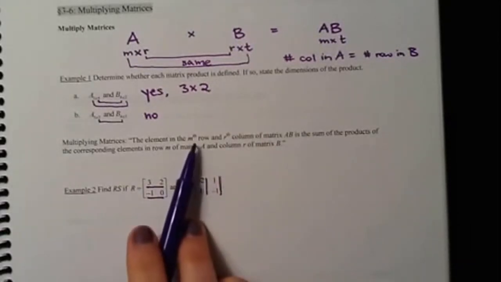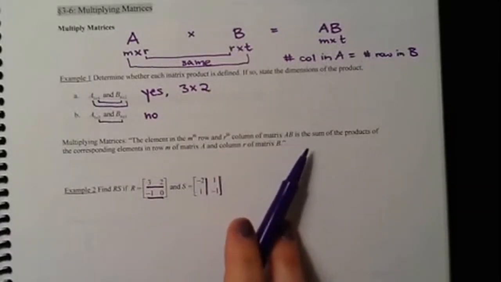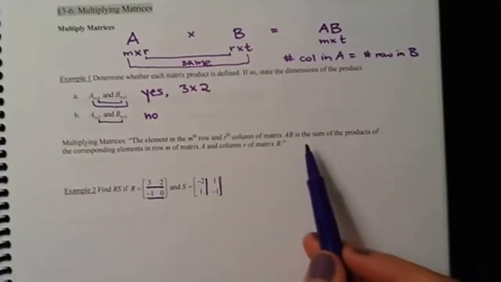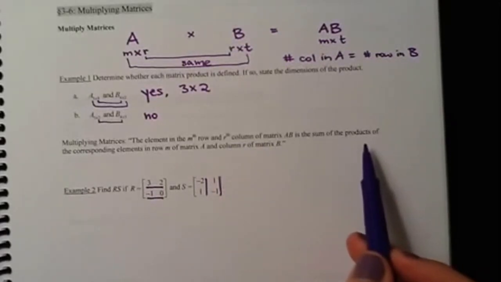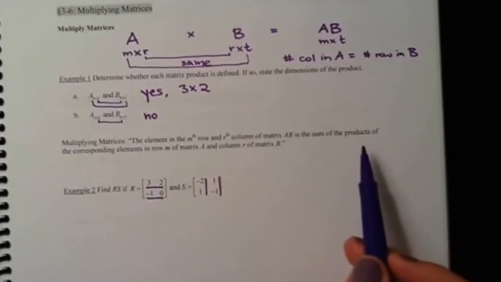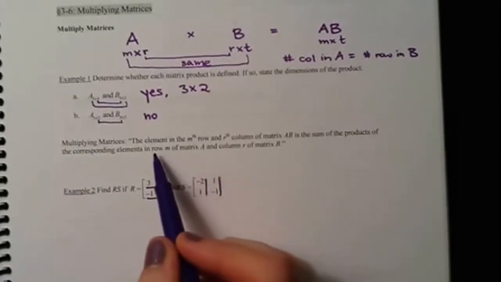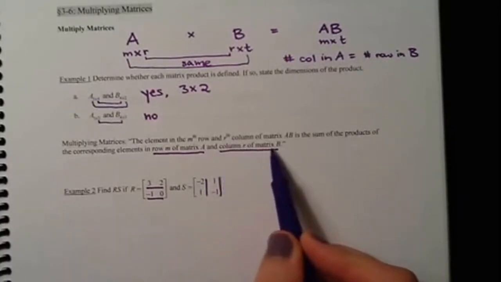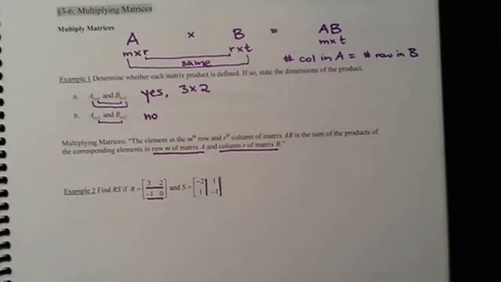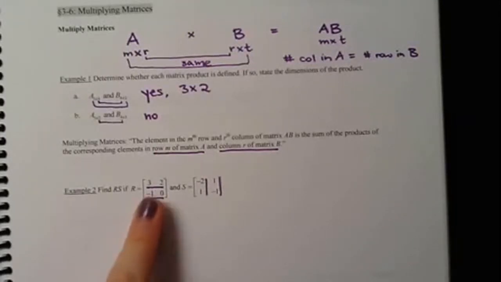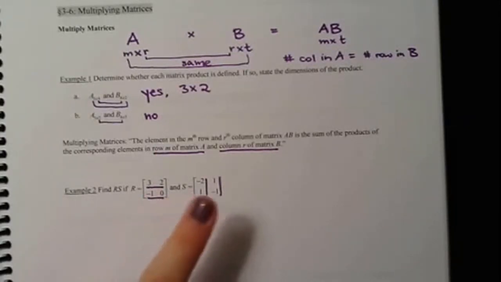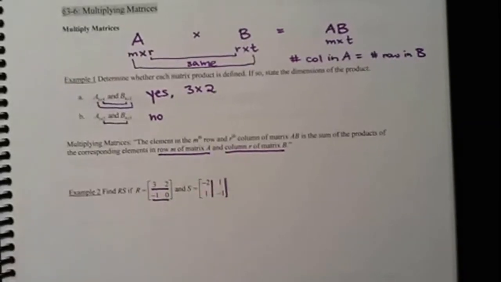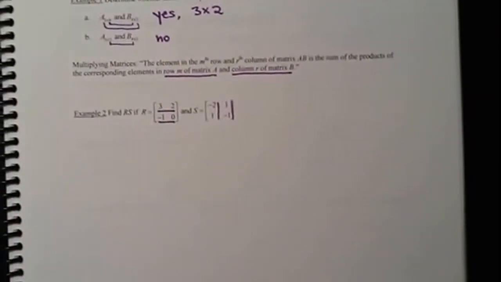The element in row m, column r of matrix AB is the sum of the products of the corresponding elements in row m of matrix A and column r of matrix B. The important part is that for the first matrix you're going by rows, and for the second matrix you're going by columns.